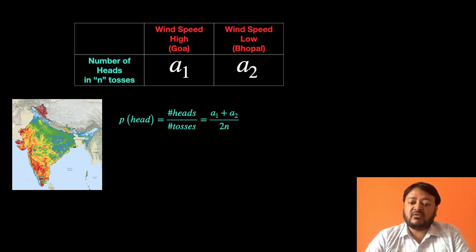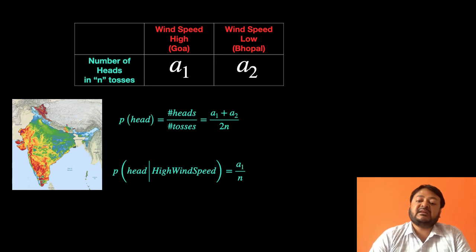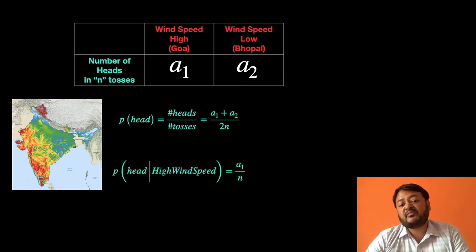So now what we would say is that the total or cumulative probability of getting a head is equal to total number of heads by total number of tosses, which is (A1 + A2) by 2n. However, the probability of head given that the wind speed is high will be equal to A1 by n, because that was the experiment done at Goa.